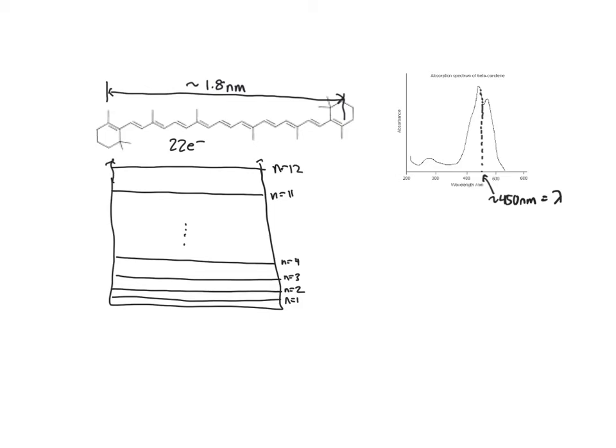So the electrons can't get out of the molecule, they can only go along this distance. And so our box is 1.8 nanometers long. That's how big L is.